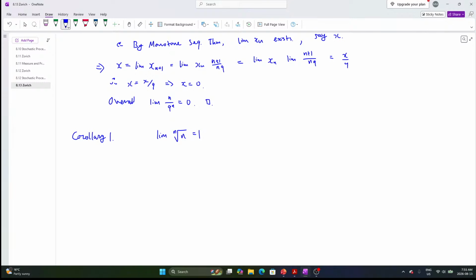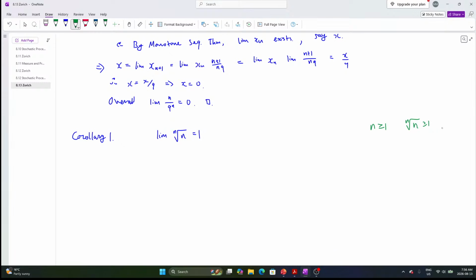So now let's take a look at how this, as a corollary, works. Well, let's consider the idea. First of all, n is greater or equal to 1, so the nth root is always greater or equal to 1.